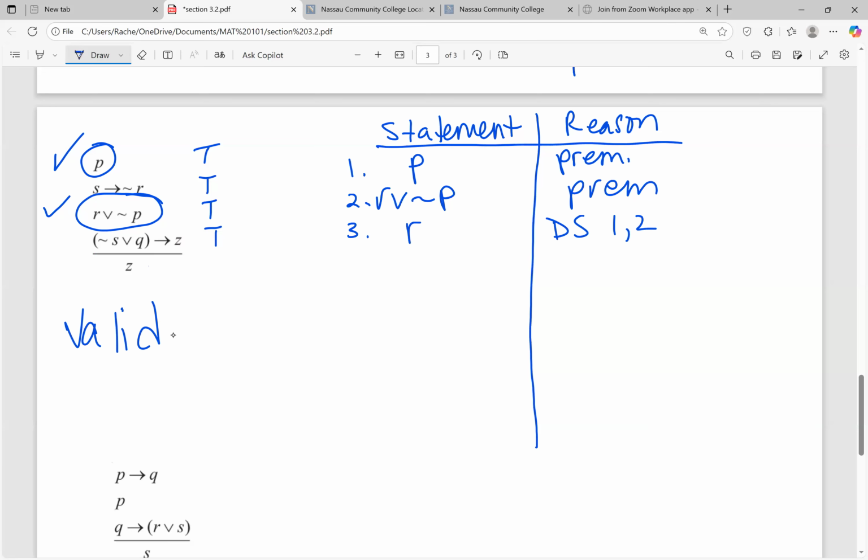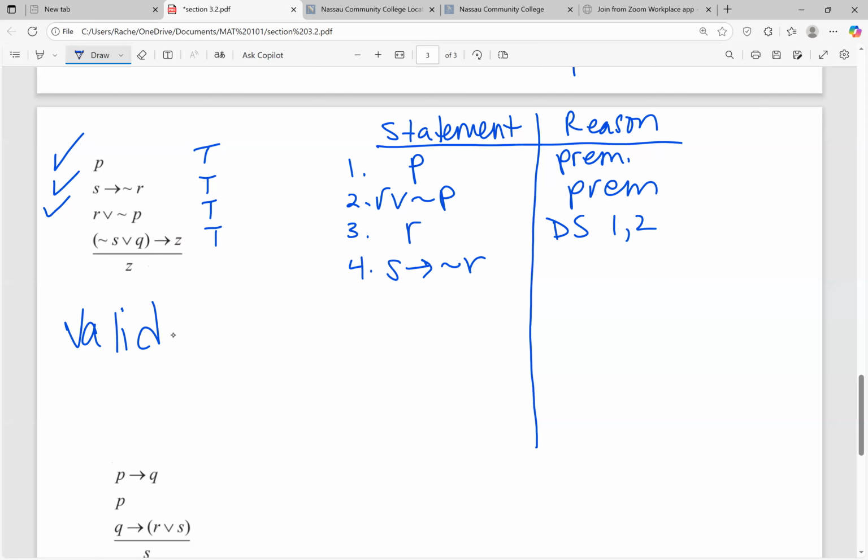Now I see my second premise, S implies not R, and I have an R in the previous statement, right? So maybe we could do something with that. And I have a conditional, right? S implies not R. So I'm thinking, okay, maybe modus ponens, modus tollens, right? Because that's a conditional statement. And this looks like modus tollens, right?